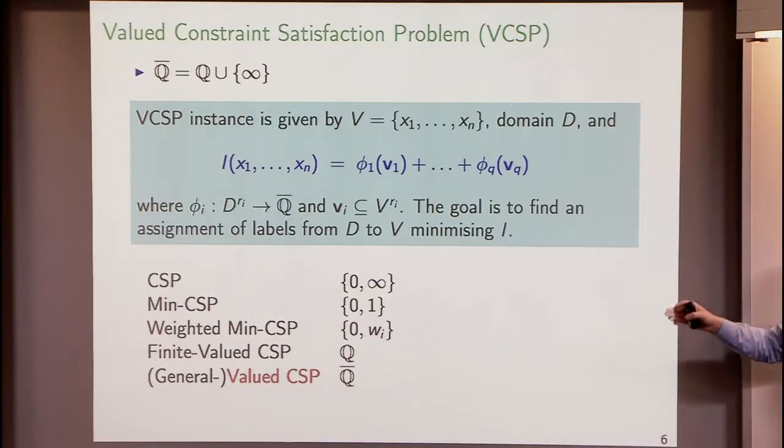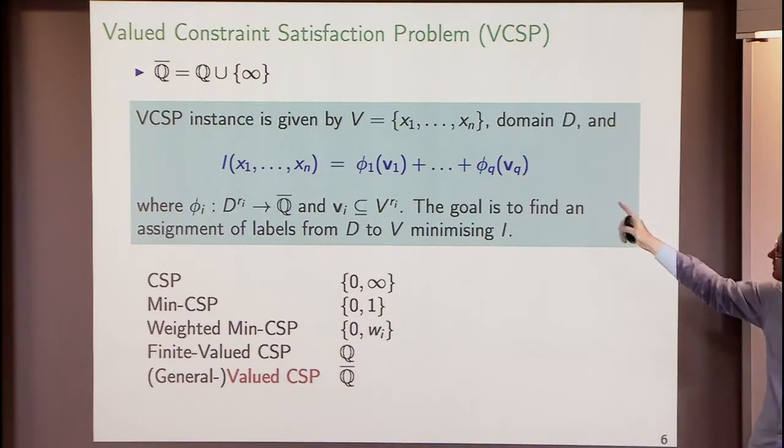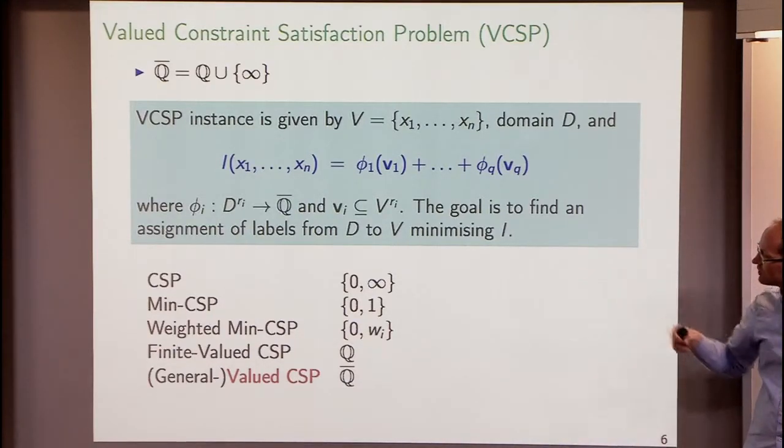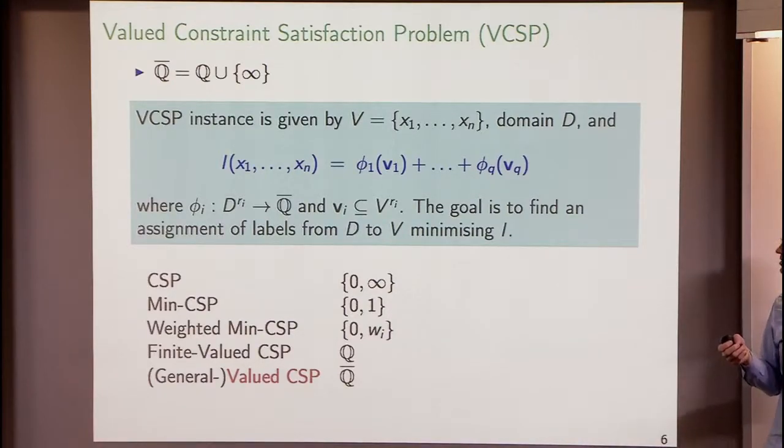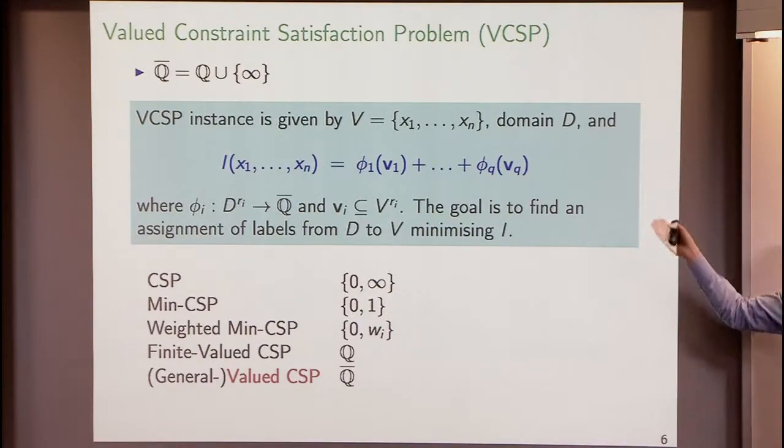CSPs, or decision problems, correspond to the question: is there a homomorphism between two relational structures? It fits in this framework if you enforce the condition that the range of all functions is just 0 and infinity. There's no optimization involved, and the question is just asking for the existence of a feasible solution.